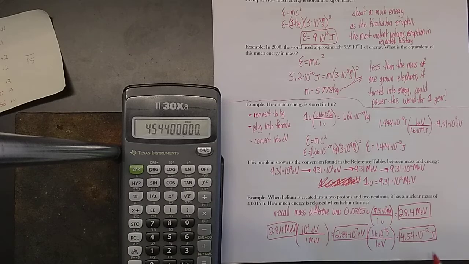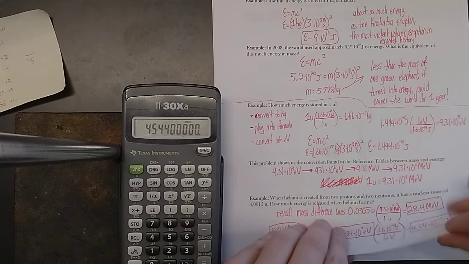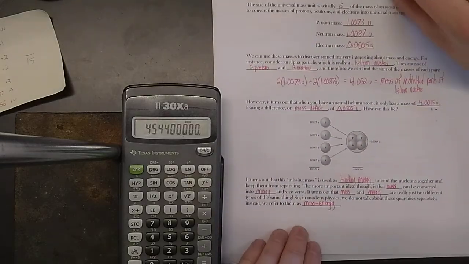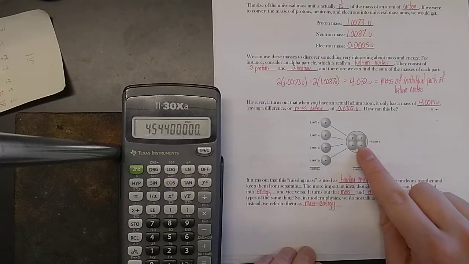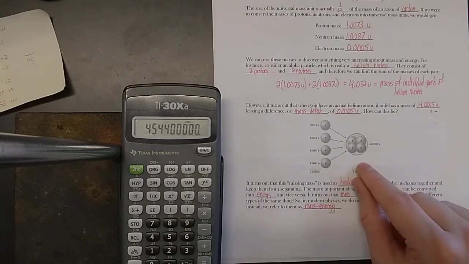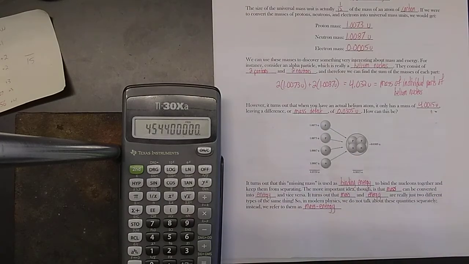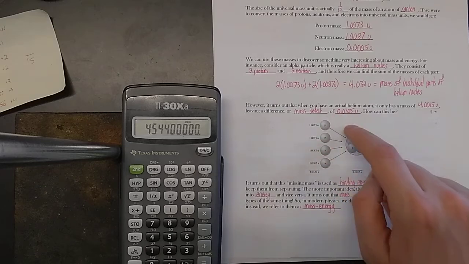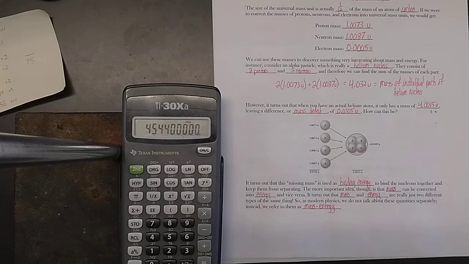Because of this little tiny mass defect, the mass given up by these protons and neutrons to bond together gets turned into energy, and that energy powers everything on Earth. It all comes from the sun using the energy from this bonding.